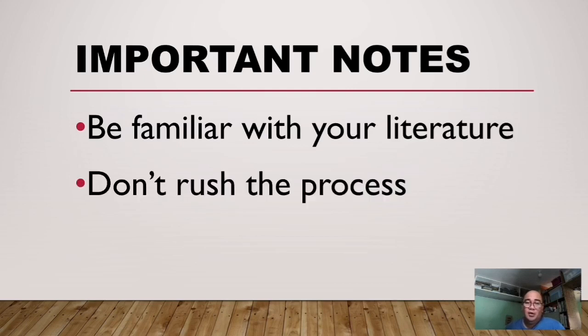Number two is don't rush the process. We should always take time, especially in reading the literature, so that we will be coming up with a study which is worth doing, which is unique and has a potential for publication in the future.